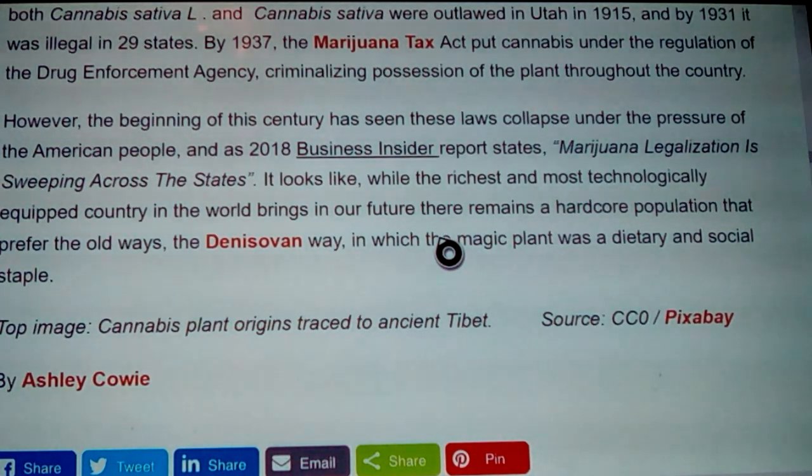But Neanderthals overlapped that time too, and into Cro-Magnons and so on, and it continued through the whole time. So when you say the old ways, that's also the old Homo sapiens way to have medicinal plants.